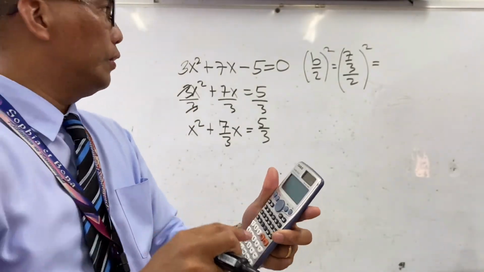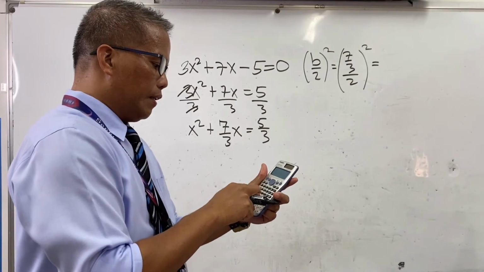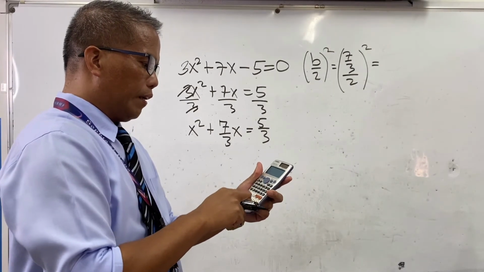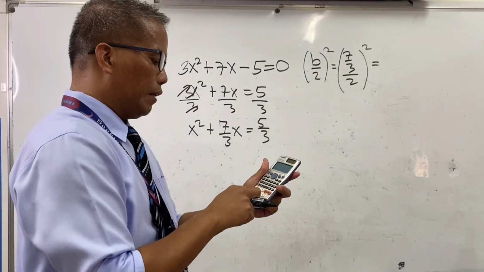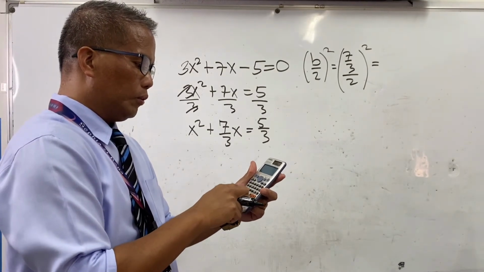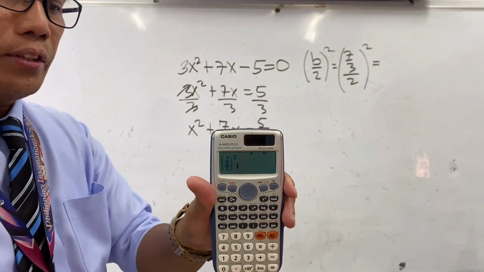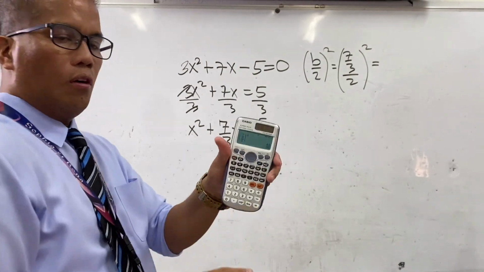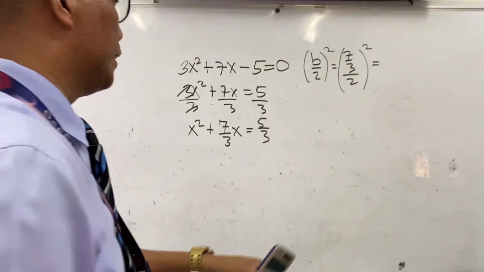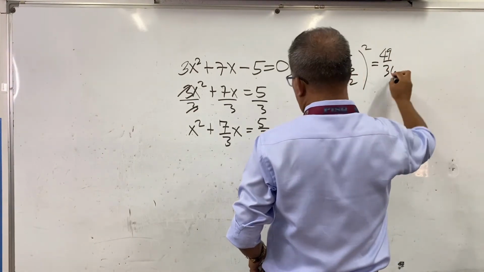Then fraction: 7 over 3 divided by 2, then raised to 2. Like this. Alright? So it is equal to 49 over 36.